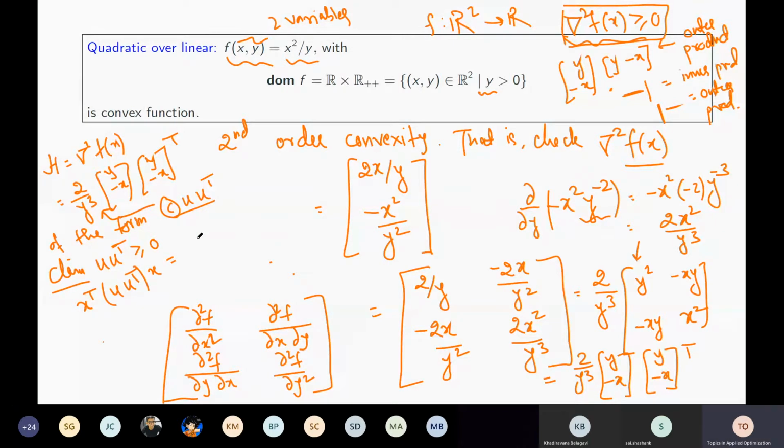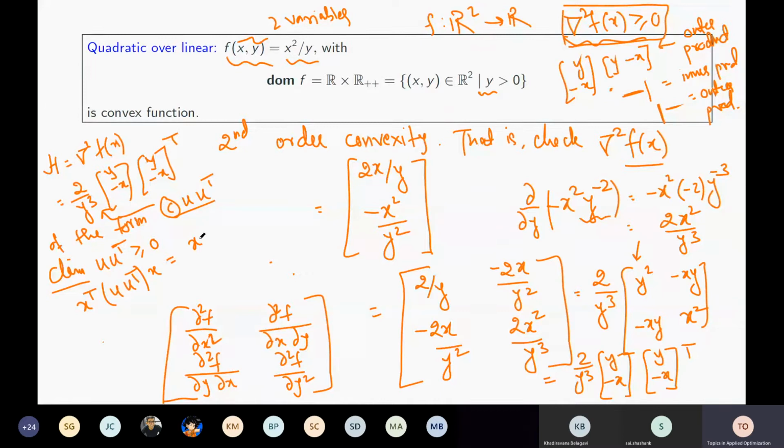This is true because if I multiply by x transpose and x, I can write this as x transpose u u transpose x.